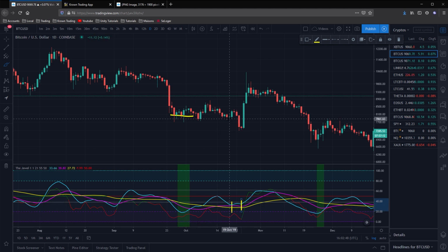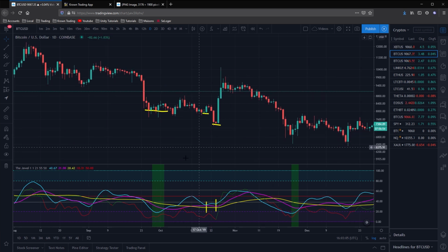I get a buy signal on that candle, and I get another buy signal on that candle. That one ends up probably hitting the stop loss, and that one ends up playing rather well. So that's how I like to use it: once I get the background alerts, I wait for the signal that comes after that. And if I am in a current position, I take profit.